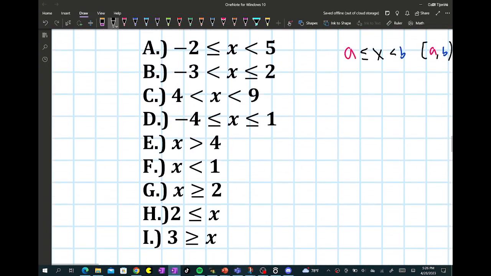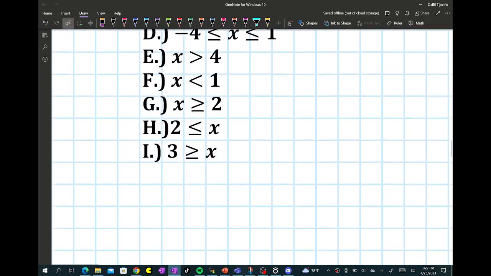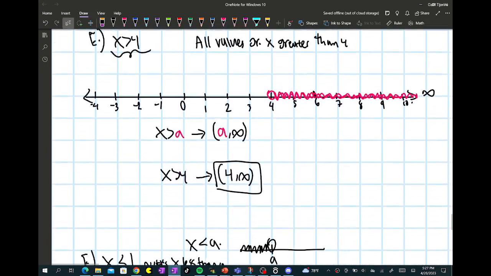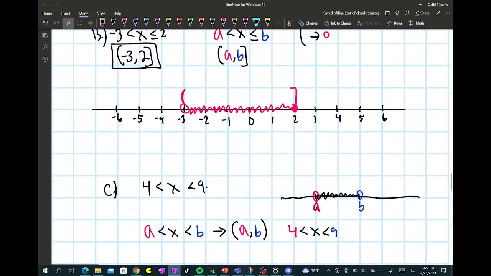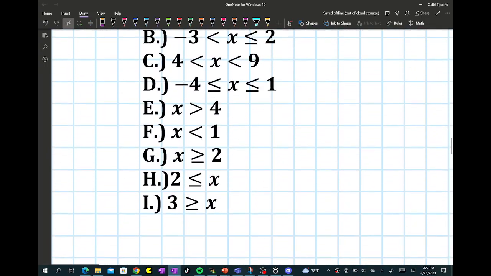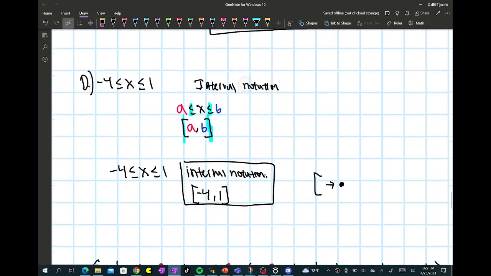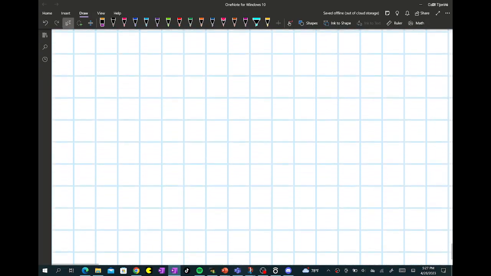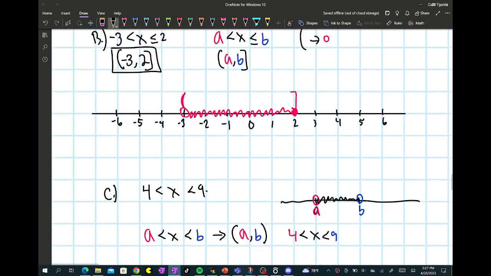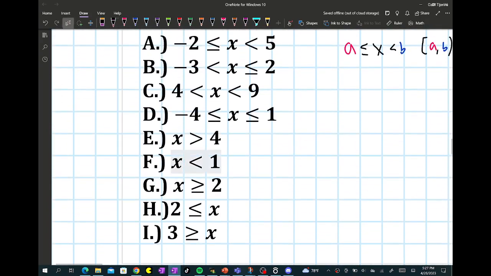Then let's do part G. Is it part G? Yes, part G. Part G says x greater than or equal to 2. Okay. And actually, I'm going to change that.